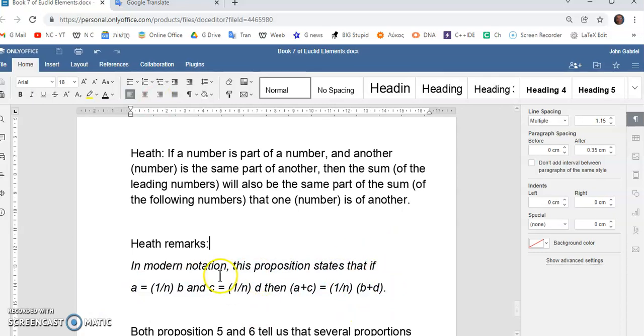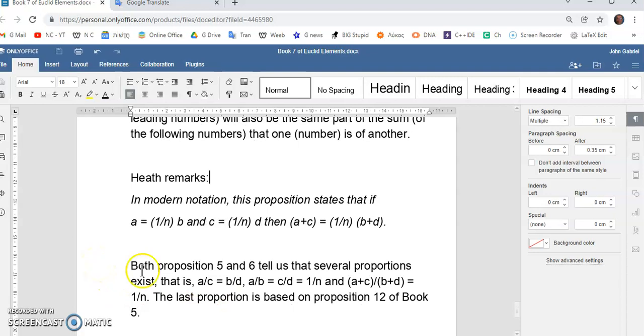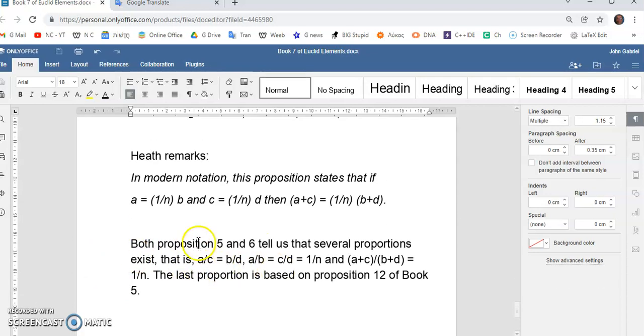And also proposition 6 tells us that both 5 and 6 tell us that several proportions exist. That is, for example, if you said A divided by C, that would equal B divided by D, okay?